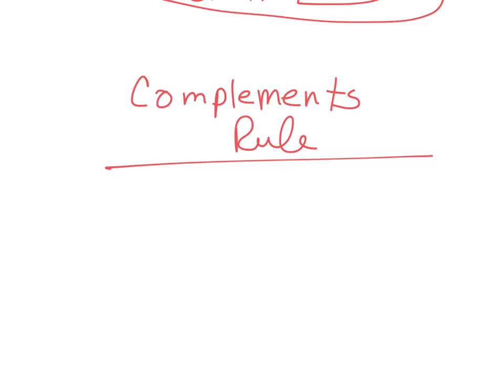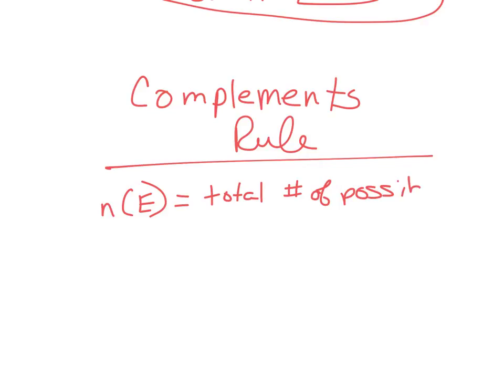It's everything else that can happen, okay? So, what the complements rule says is N of E, that stands for the number of ways an event can happen, is equal to the total number of possibilities minus the number of ways E would not happen, which we call E with the superscript of C for the complement of E. So the number of ways an event can occur is equal to the total number of possibilities minus the number of ways the event's complement can occur.